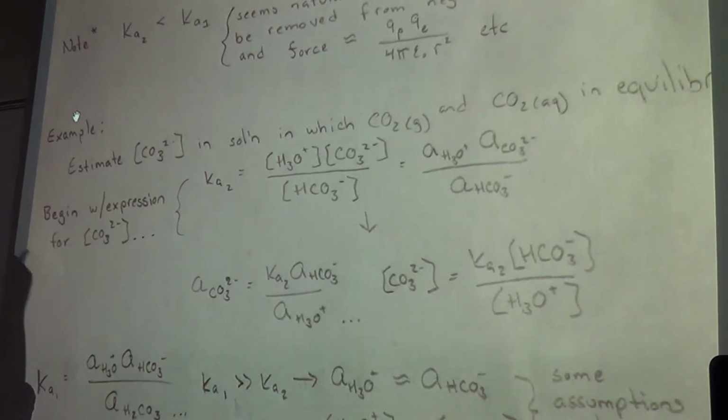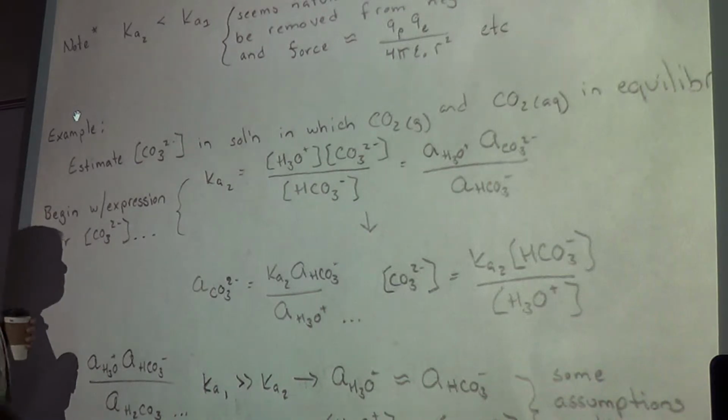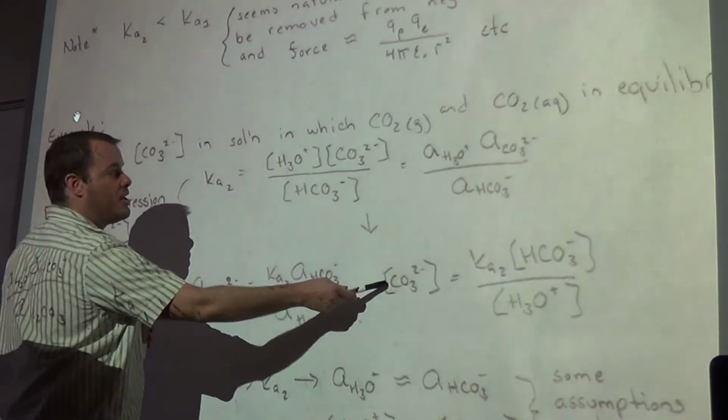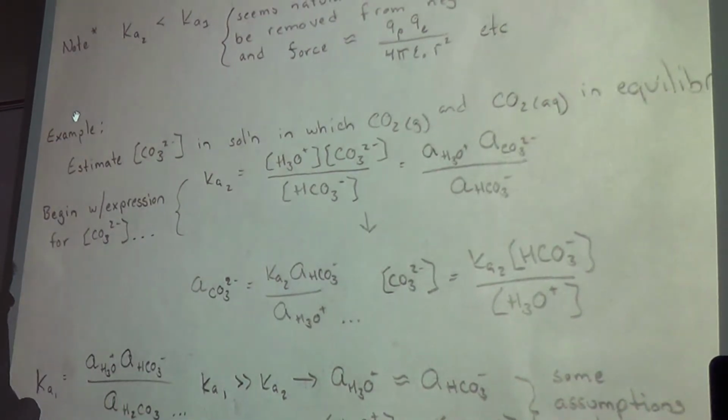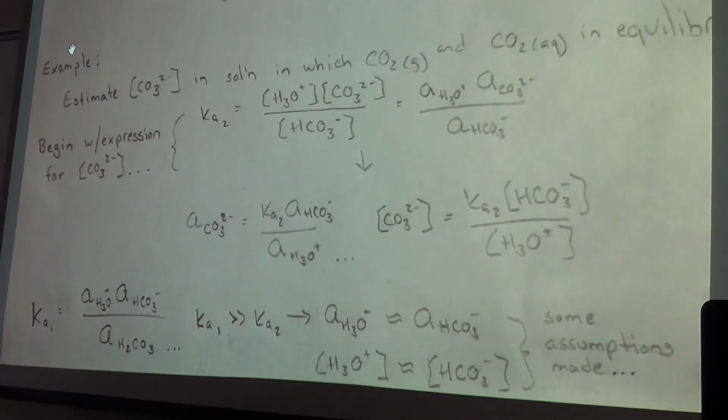Again, it goes as the concentration of H plus times the concentration of CO3 2- over HCO3-. First we recast this expression in terms of the CO3 2- concentration. We get that the concentration of CO3 2- is Ka2 times the concentration of HCO3- over the concentration of H3O plus.